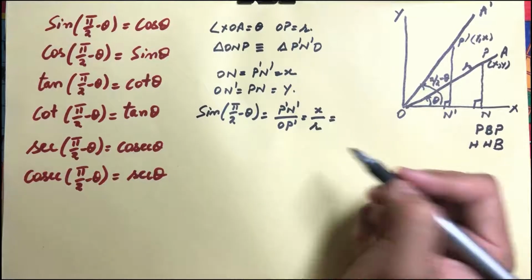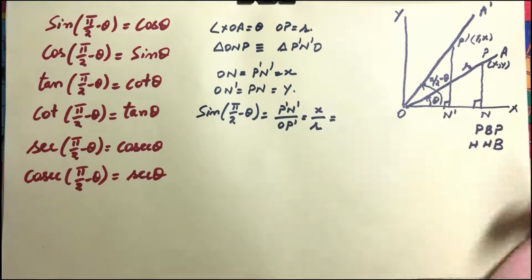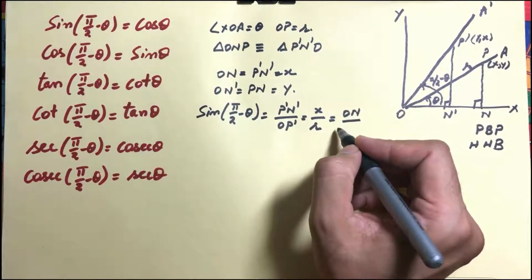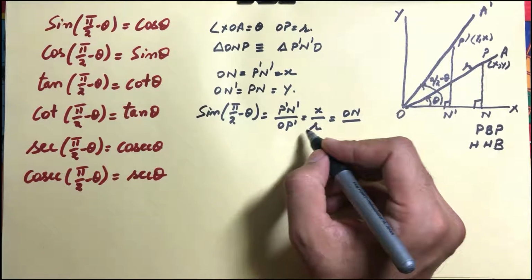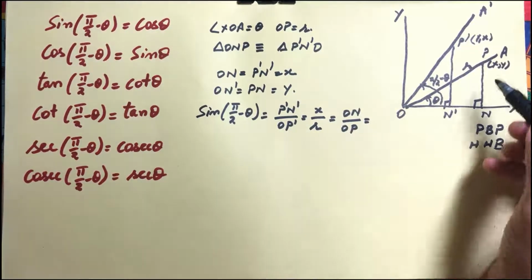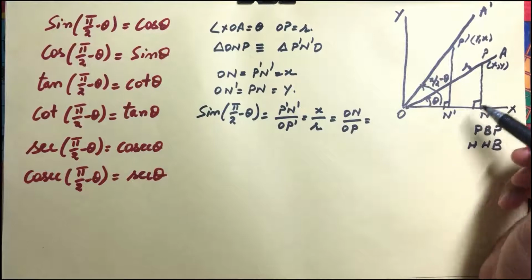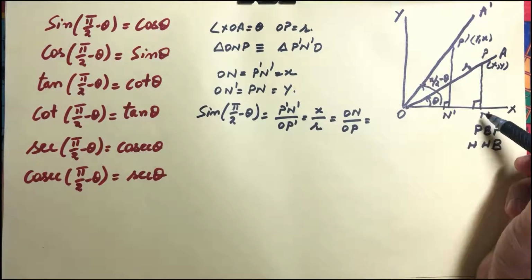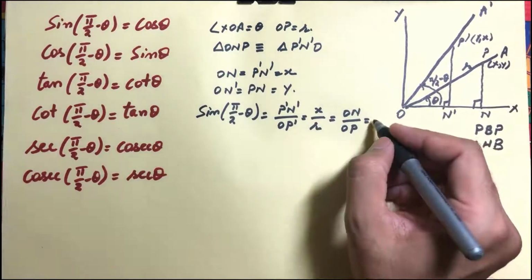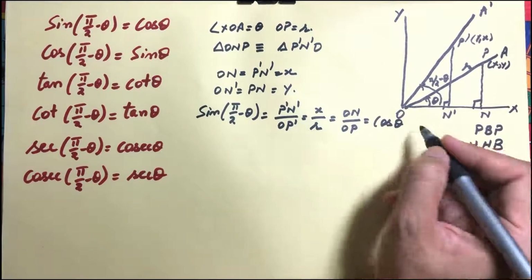Now by this triangle, what is P dash N dash? This is ON, and OP dash is equal to OP, which is equal to, by this triangle, ON upon OP, base upon hypotenuse, which is cos of theta.